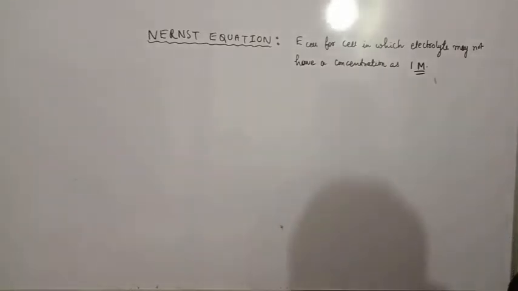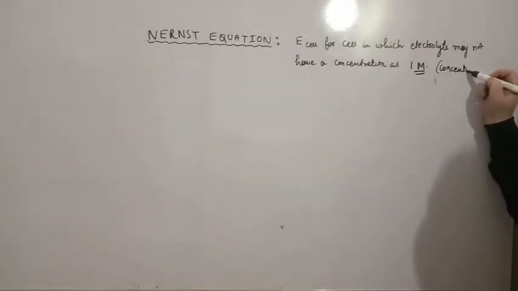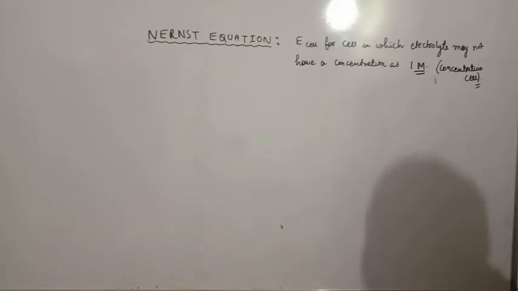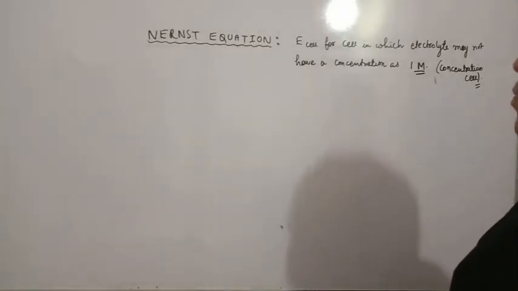Such a kind of cell is called a concentration cell. So the Nernst equation is used in the case of a concentration cell wherein different concentrations of electrolyte can be there.